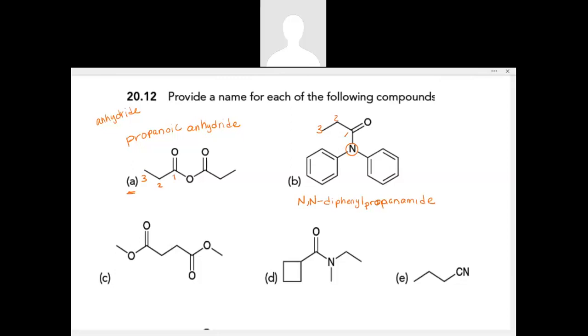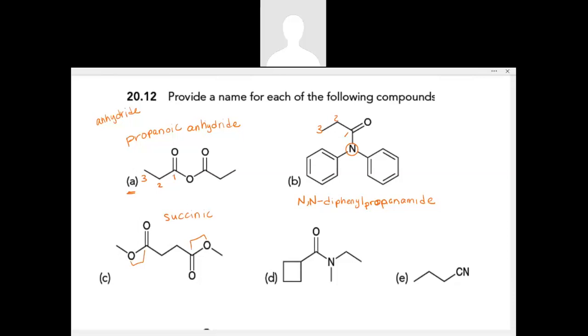The diester that we see here, so these are both ester functional groups. Again, we're going to start with the dicarboxylic acid now, in this case, called succinic acid. That would be a common name, so we'll write that here. Succinic acid would be the carboxylic acid that relates to this compound here.